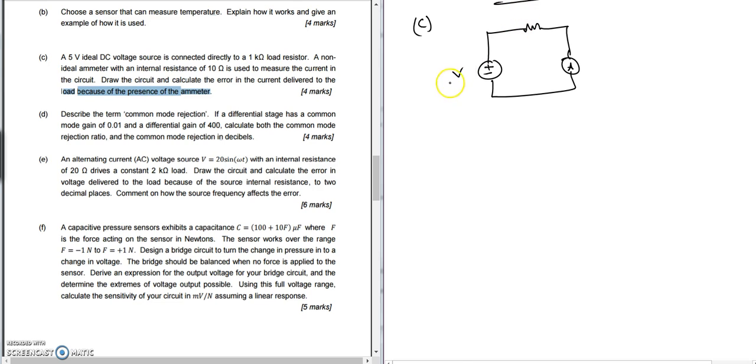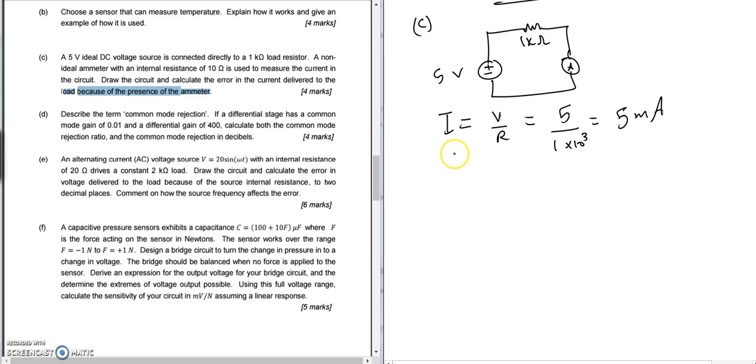So this is 5 volts, resistance is 1 kilo ohm. So ideally, I should be V over R, which is 5 over 1k, which is 5 milliamperes. Now, this k is times 10 to the power 3.